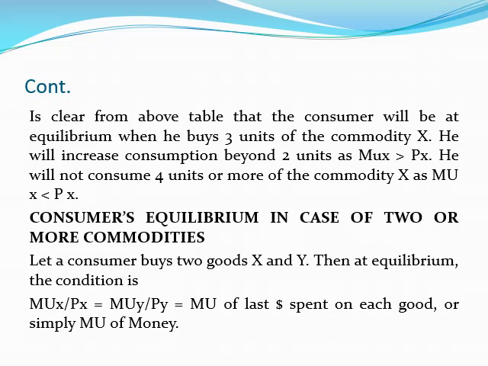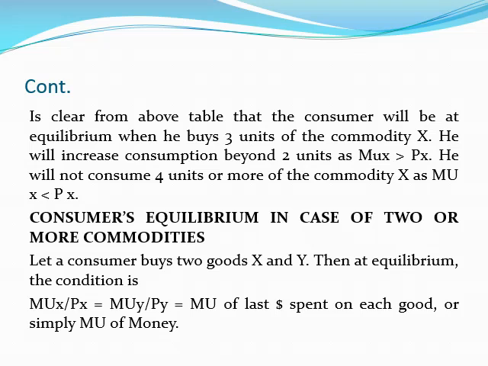He will not consume 4 units or more of the commodity X as MUX is less than PX. Now let's see the case of 2 or more commodities, the consumer's equilibrium in case of 2 or more commodities.